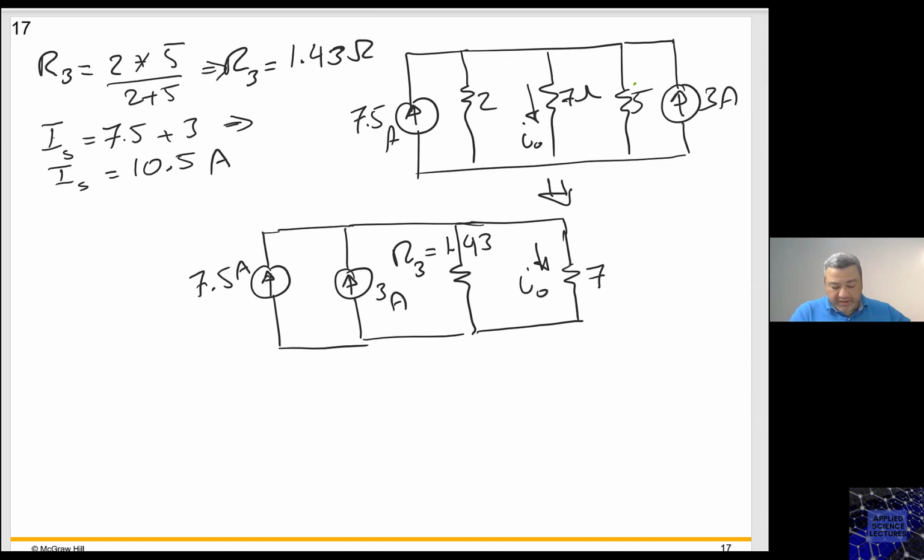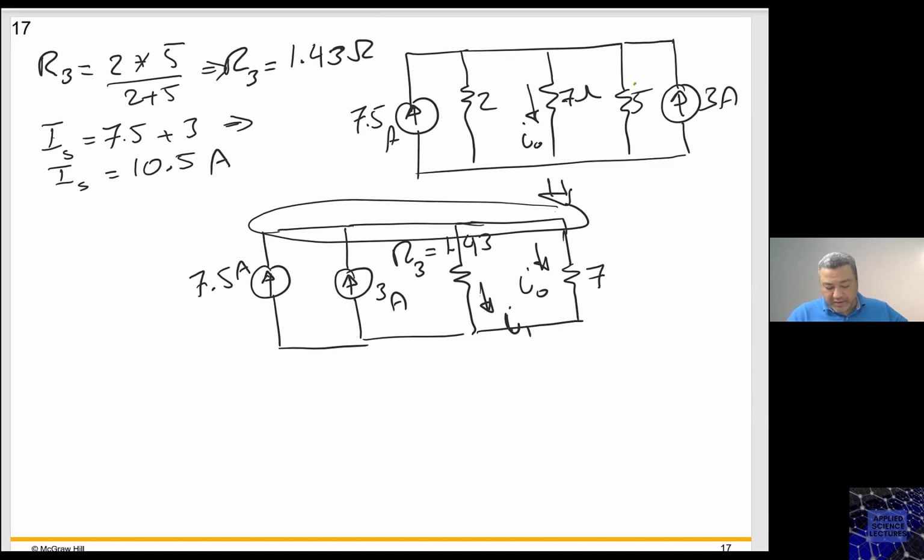Now notice that if you do a KCL, just to understand, and assume that you have a current here, call it whatever you want, I1. If you do a KCL here, you will notice that those 3 ampere and 7.5 ampere are going to add, right? So it will be an equivalent.